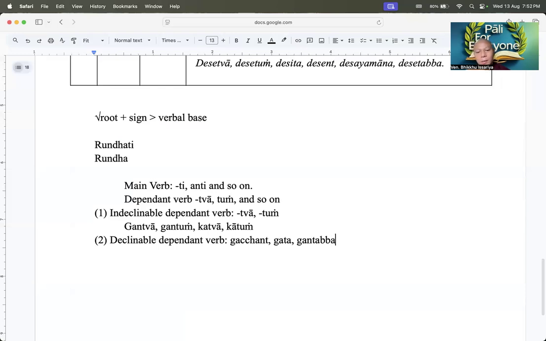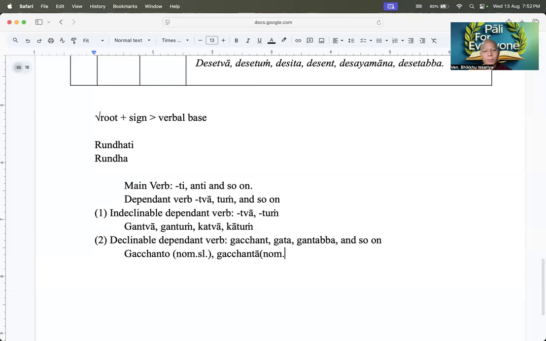These groups are never used in the sentence directly. For example, gachan: in the sentence it will be gachan do or gachan da. Gachan do is with the subject case, the nominative case, singular. That one is called declinable, you see.